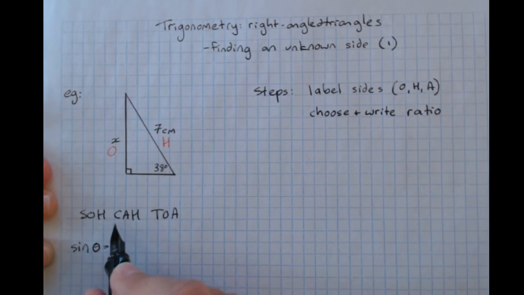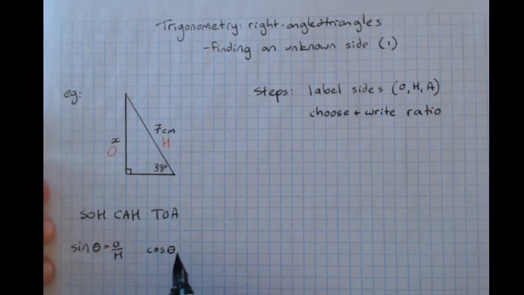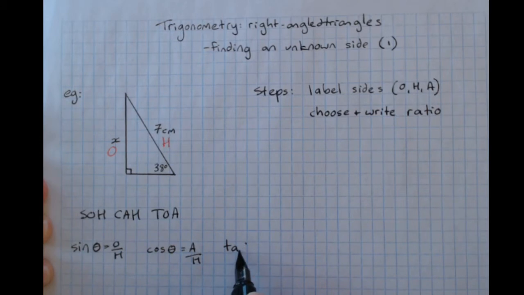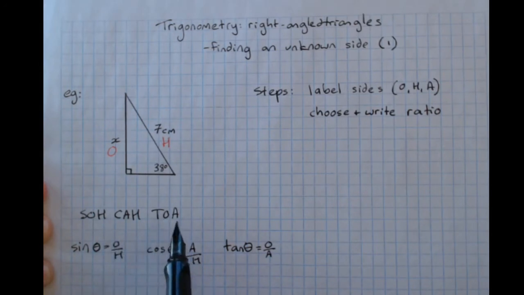Cos of the angle, cos theta, remember that little circle with a line through it means the angle. Cos of the angle equals adjacent over hypotenuse. And TOA, tan of the angle, equals opposite over adjacent. So that's how you use SOHCAHTOA to remember sine, cos, and tan. You must remember to write theta, the angle, that little symbol, in the ratios.